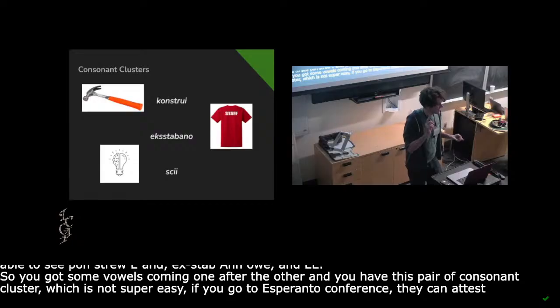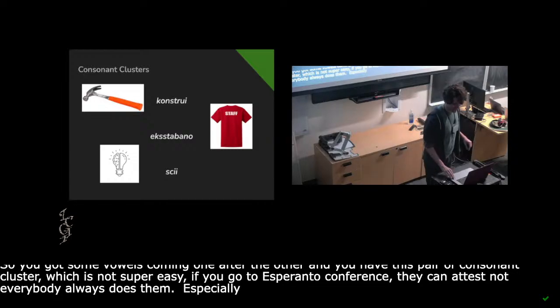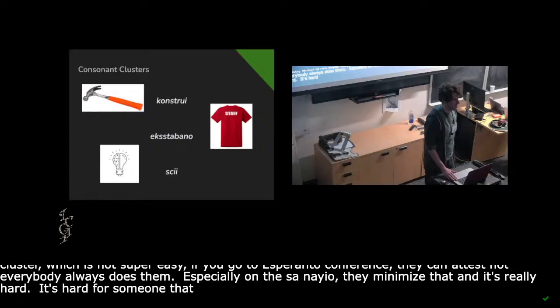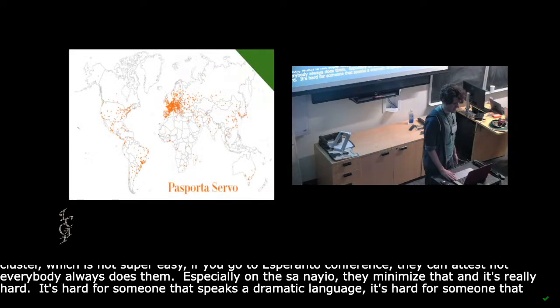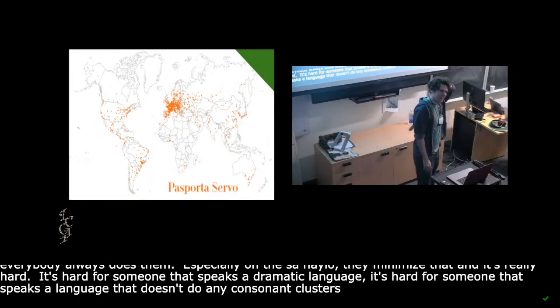If you listen closely, especially on the tseno or the tseneo, people will drop that first S or minimize one of those because it's really hard. It's really hard for someone who speaks a Germanic language, and even harder for somebody who speaks a language that doesn't have any of these consonant clusters.